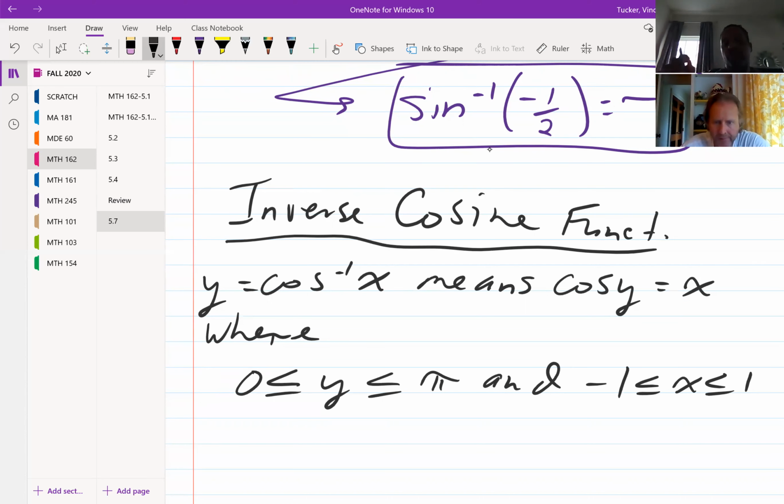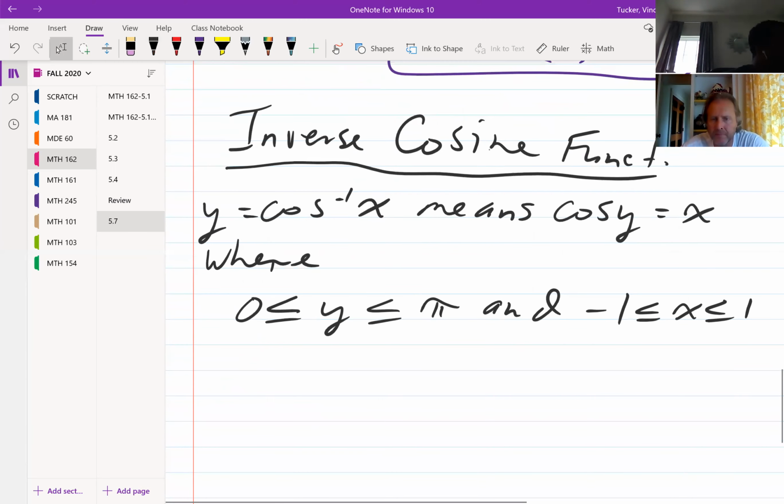All right. So here for our inverse cosine, notice our range is going from 0 to pi. Domain is from -1 to 1 for our inverse cosine. And they give us this chart.